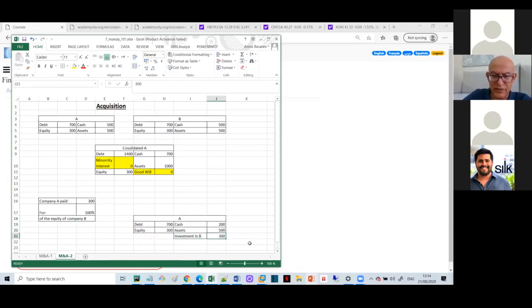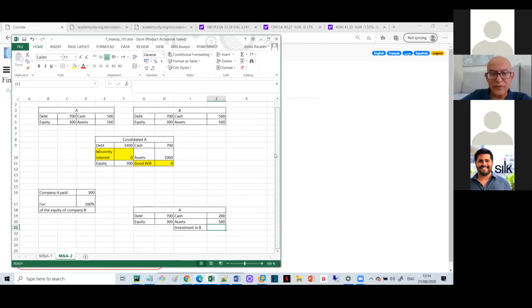I'm going to do it manually, and then you'll see how I get from this one to this one. That will be a nice exercise. Okay? I remove that number 300, and I even remove this one altogether because I don't have it, and I'm going to replace it with the total assets of company B and total liabilities.